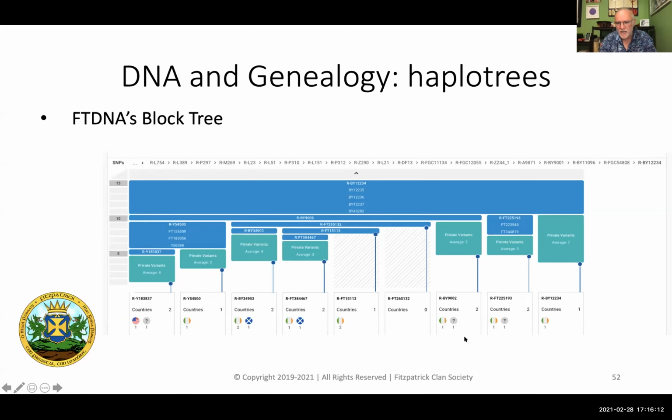It doesn't give you the names of the people, so it's more private than Alex's tree. And an additional feature is it tells you how many SNPs, how many mutations deep each block is, which is really useful when you come to figure out when those blocks originated in time. We're going to cover that in a later session.